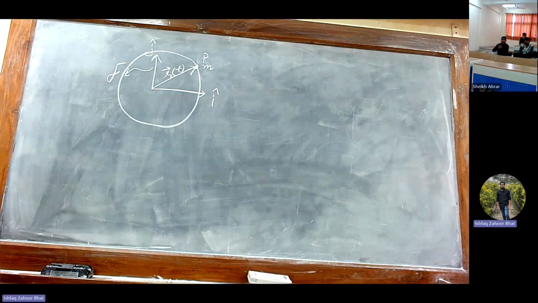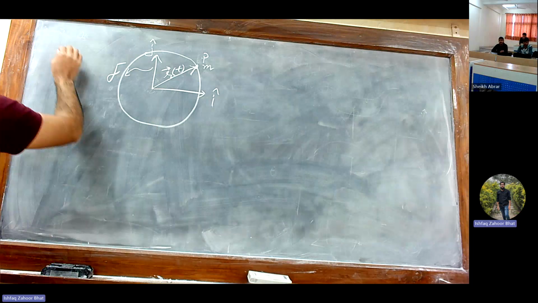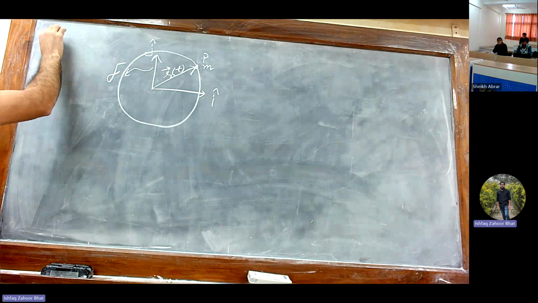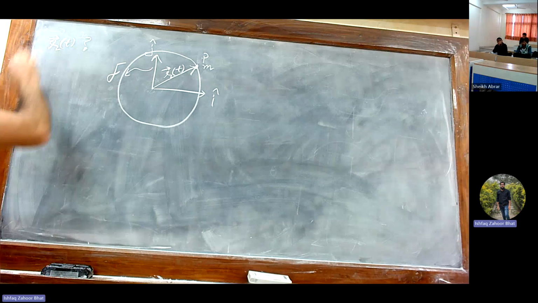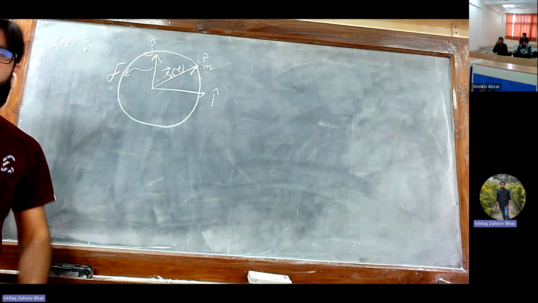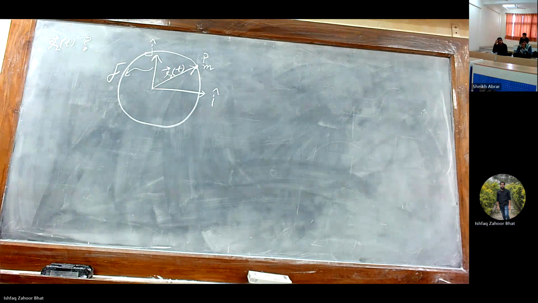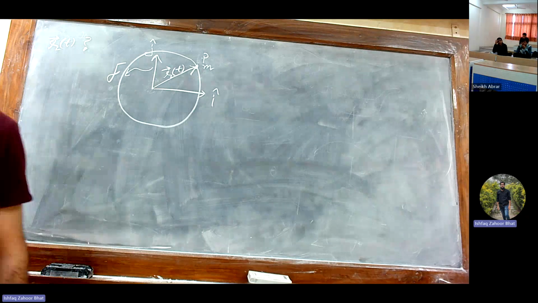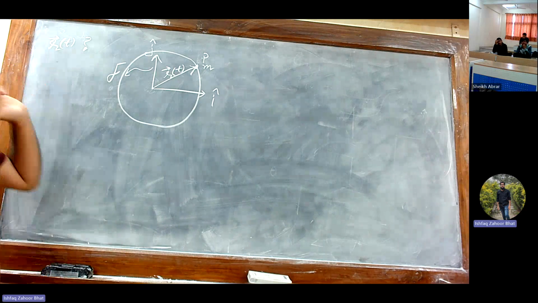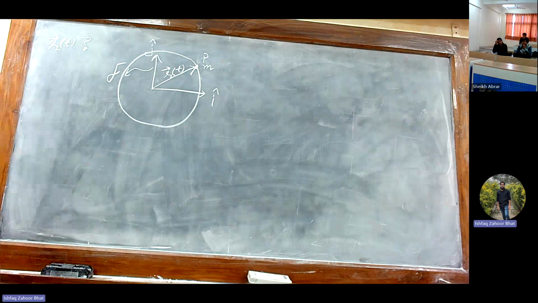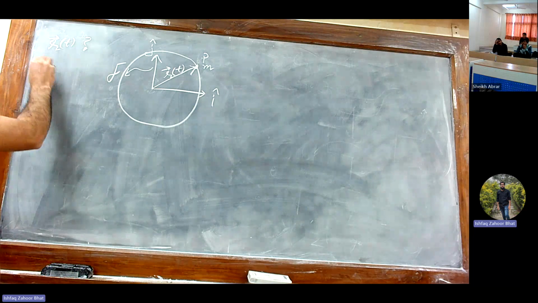So our problem is that we want to find this r of t. We need to find this r of t, and the relation which will exist between r of t and maybe the dynamics itself, that we call as equation of motion.